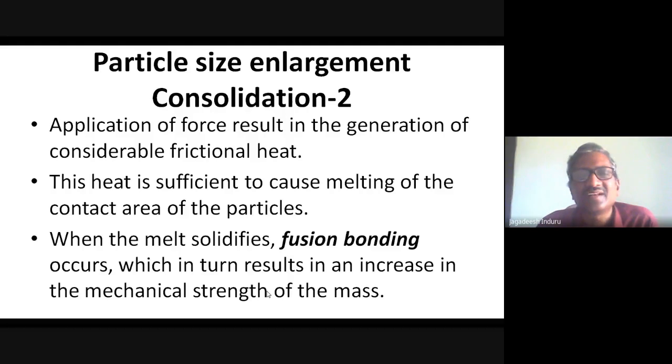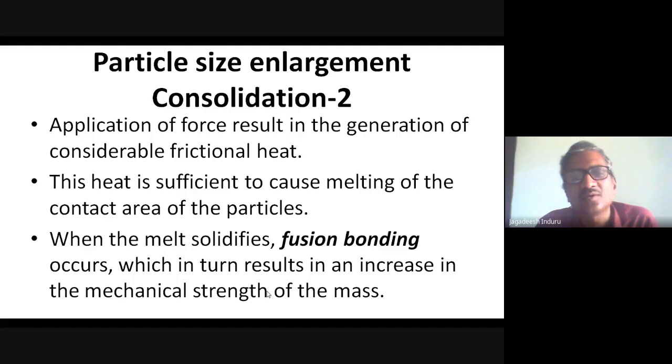This is actually the material behavior of type C of Heckel. In type C of Heckel, what will happen? They will be getting melted. The molten mass forms a fusion bond from one particle to another particle by occupying the pores and voids. When the melt solidifies, the fusion bonding occurs, because the solidification of the liquid happens when your tablet comes out of the die, is exposed to room temperature, and gets cooled.